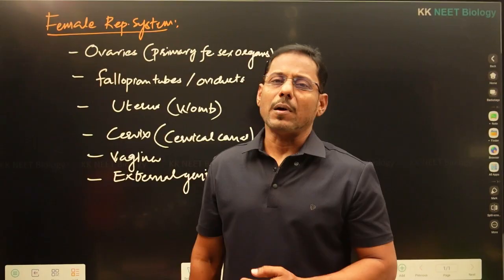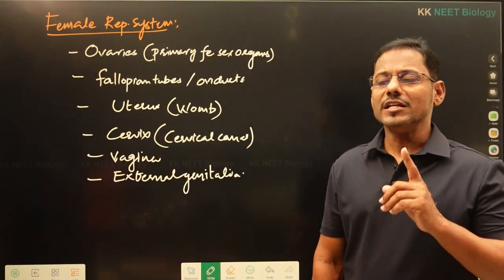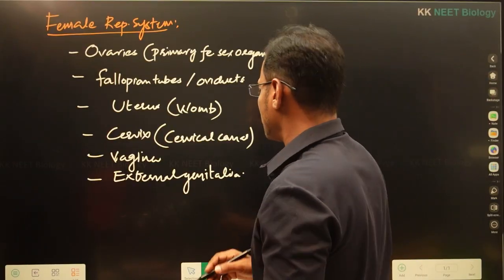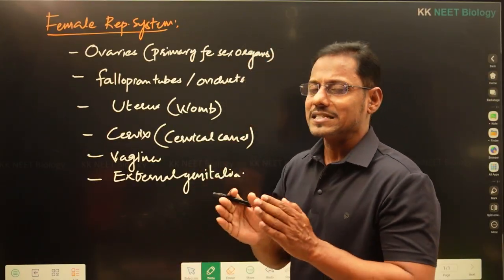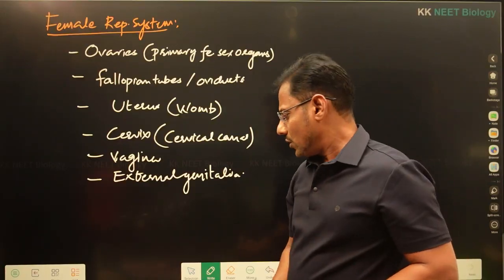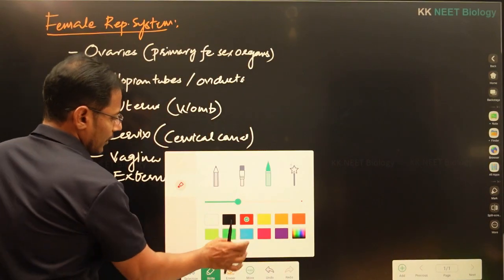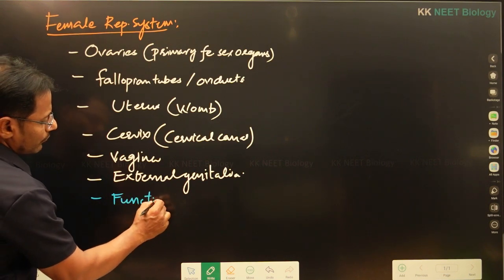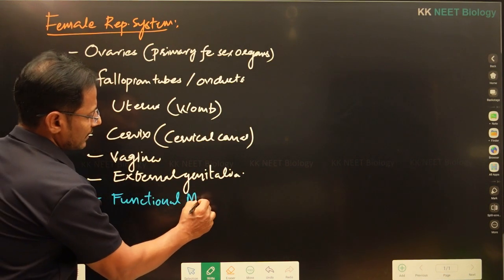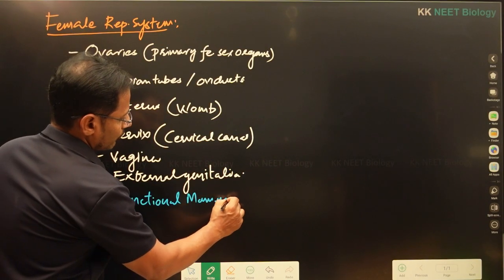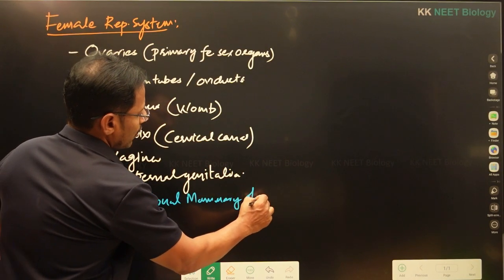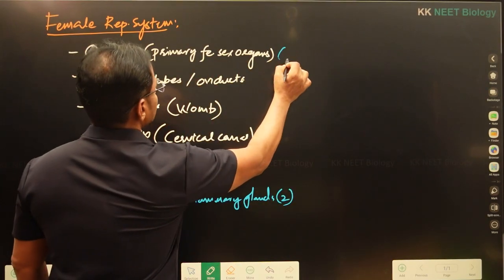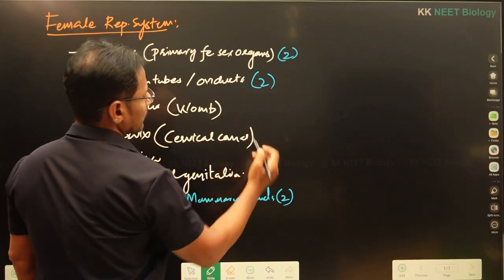Besides these parts, there is one more part which may confuse us: the functional mammary glands, also treated as a part of the female reproductive system. How many mammary glands are present? 2 mammary glands, 2 ovaries and 2 oviducts are present.